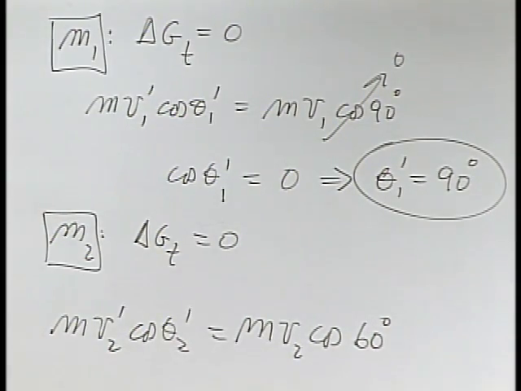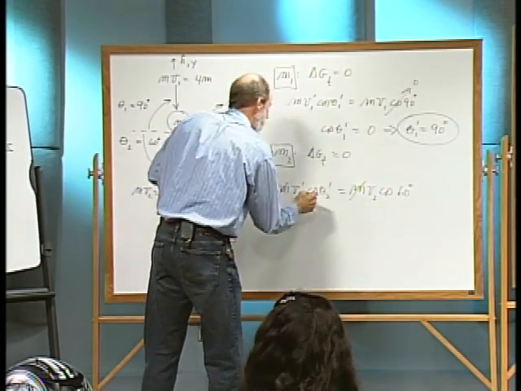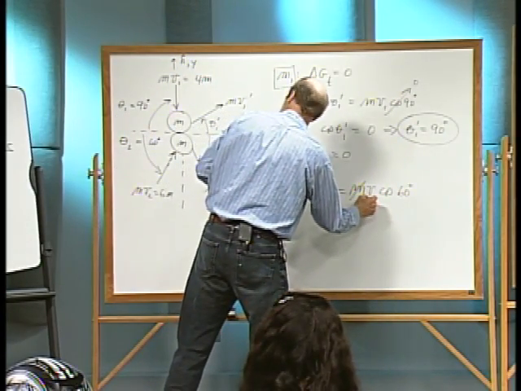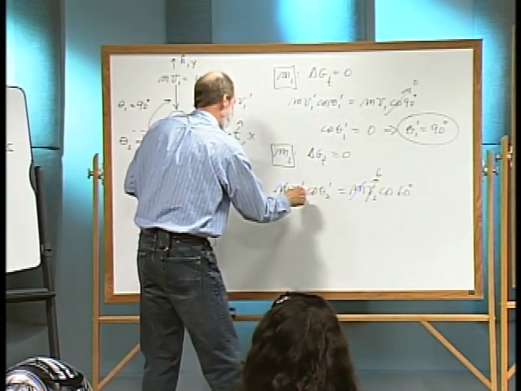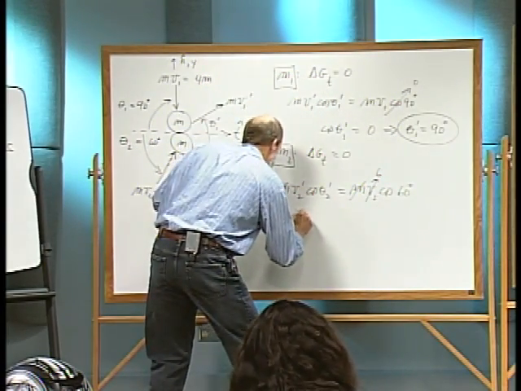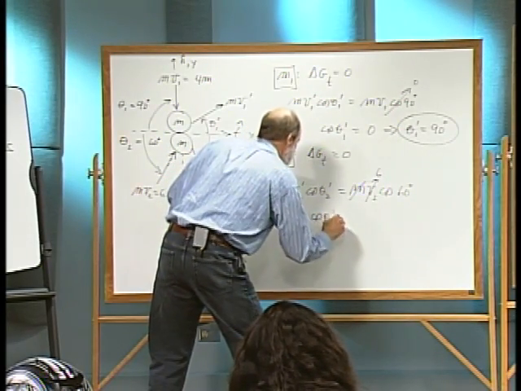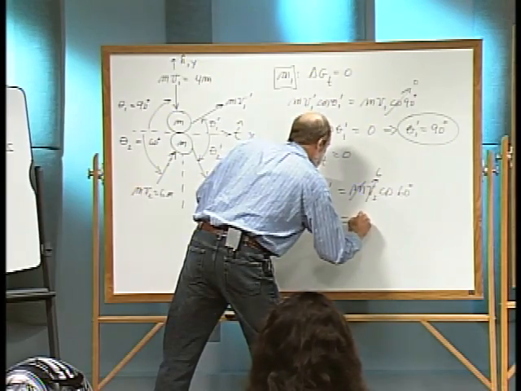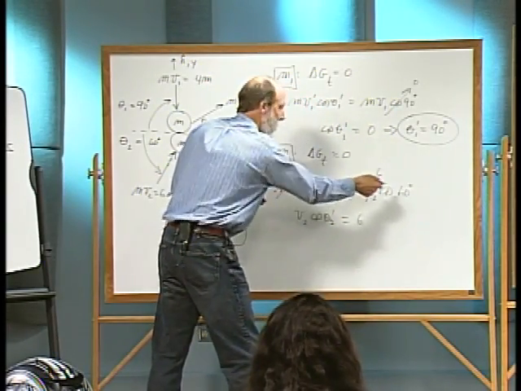Okay. So then you can see the mass divides out here, and the incoming velocity on number 2 was 6 right there. And so we have two unknowns sitting right here. We have V2 prime and theta 2 prime in there, and that's equal to 6 cosine of 60 degrees, which is a half.